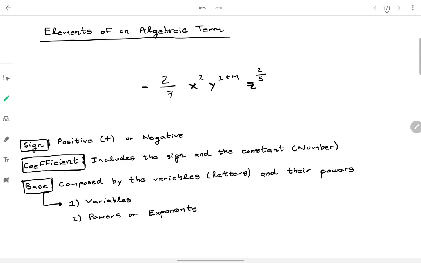So this, in this case, will be the sign. We will also have the coefficient, that includes the sign and the constant, that will be the number or the fraction that is multiplying the algebraic term. So in this case, the sign and the number will be the coefficient.